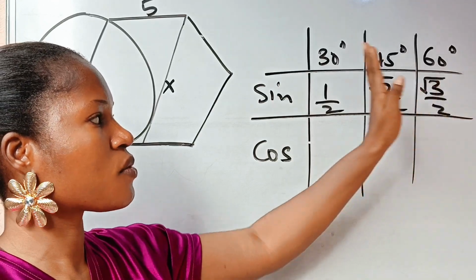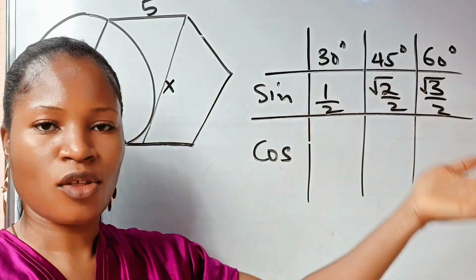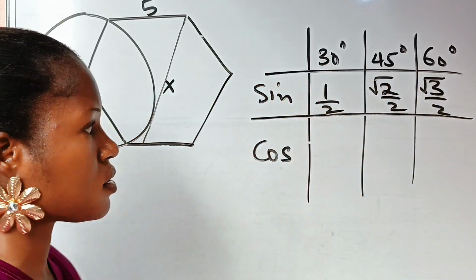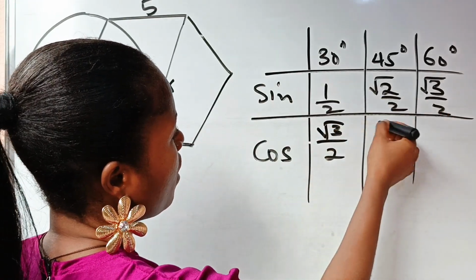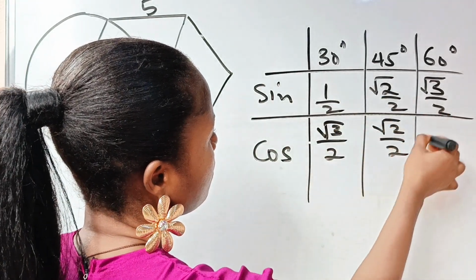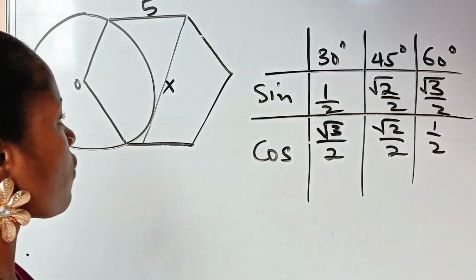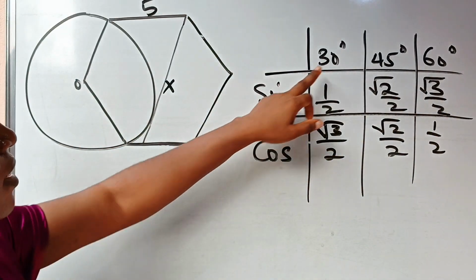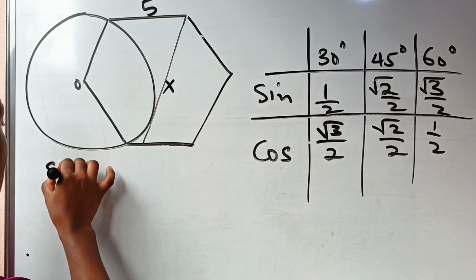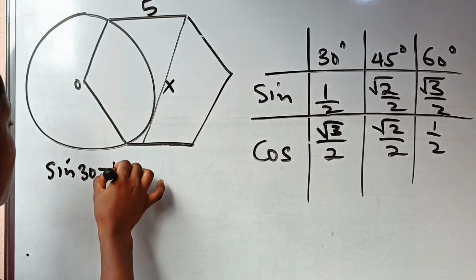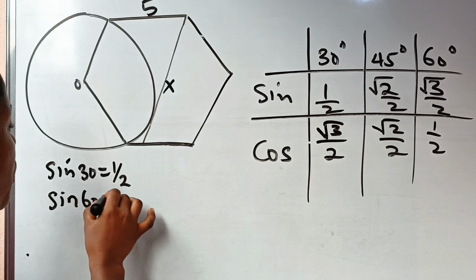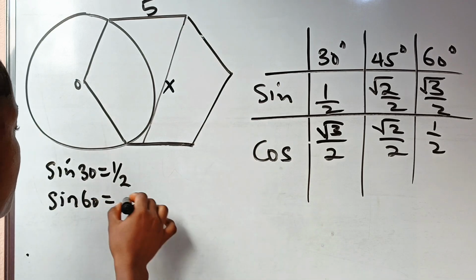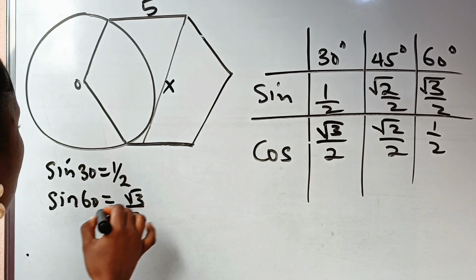Now for cos, I'll just reverse it. Like I said, I don't cram a lot. I have a lot on my head, so I tend to forget quickly. So I'll repeat this backwards. Having said that, that simply means that sine 30 is half, and sine 60, because that is all we will need, is root 3 over 2.